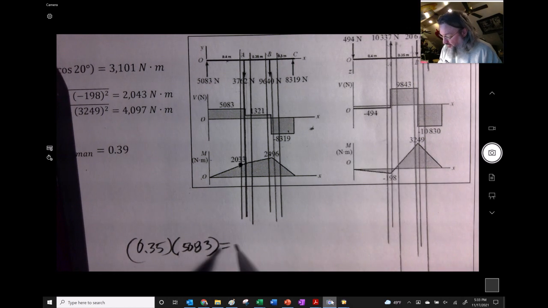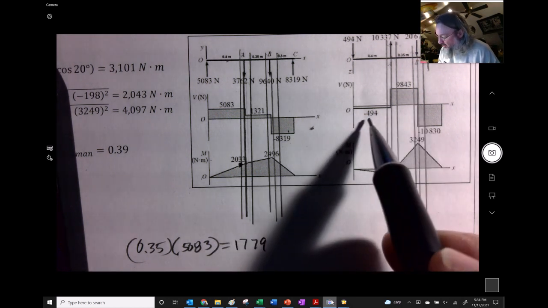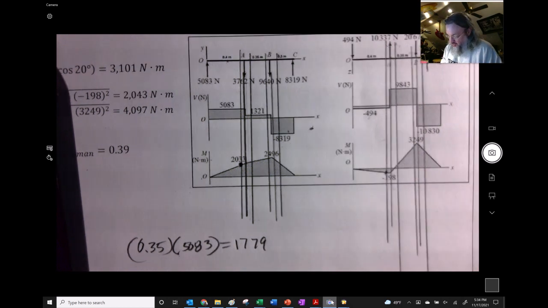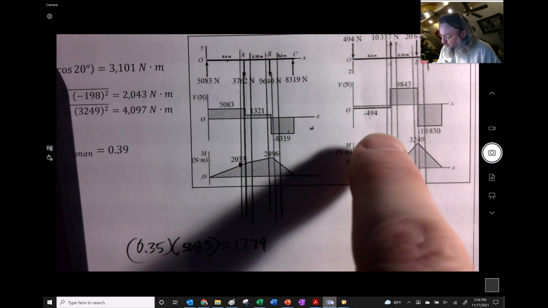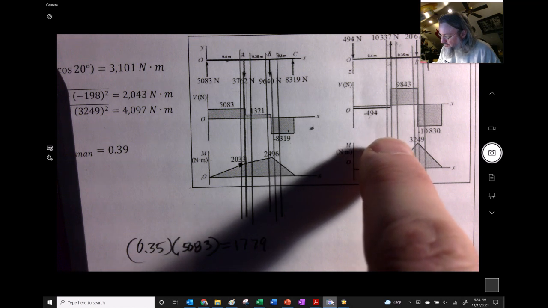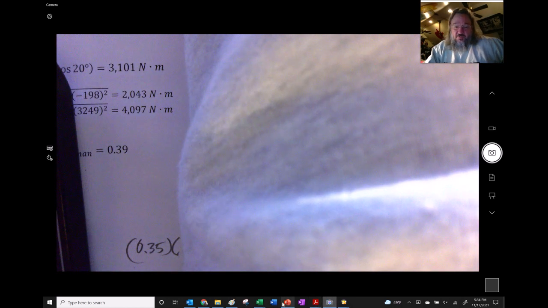And we end up with 1,779 there. But we want to do it over here too, and that's going to be pretty small because that's just the 494 times 0.385. 0.35. If I did that correctly. Now I'm starting to question myself if I did this correctly.